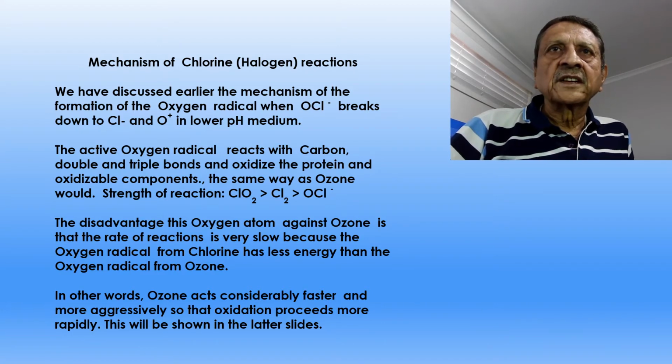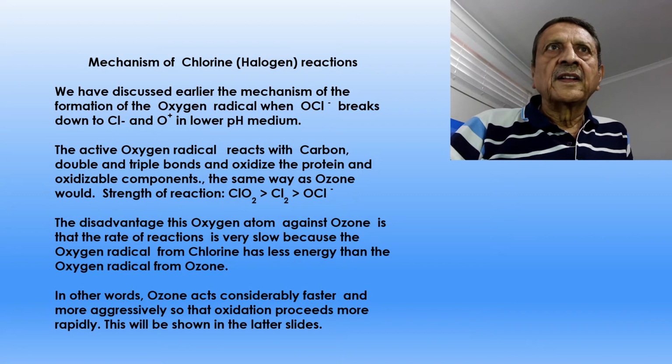In other words, ozone acts extremely fast comparatively and more aggressively than the halogens, so that the oxidative reactions take place very rapidly. We will be showing this in the later slides.